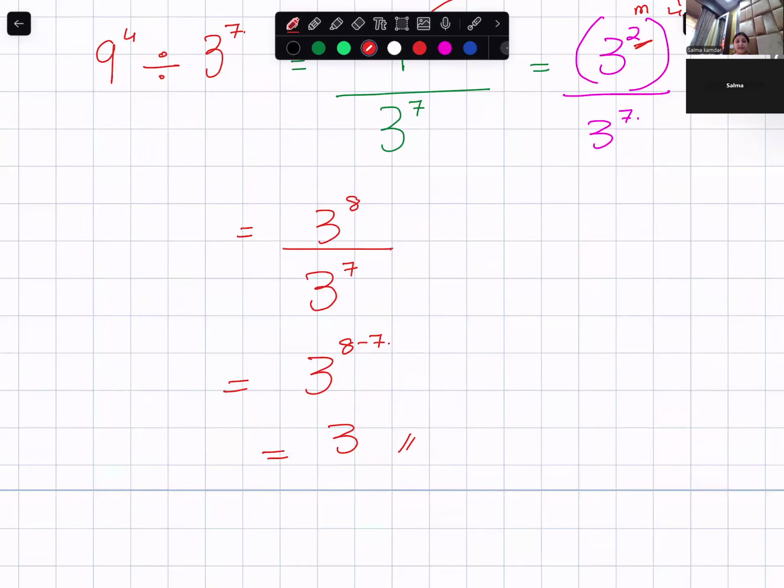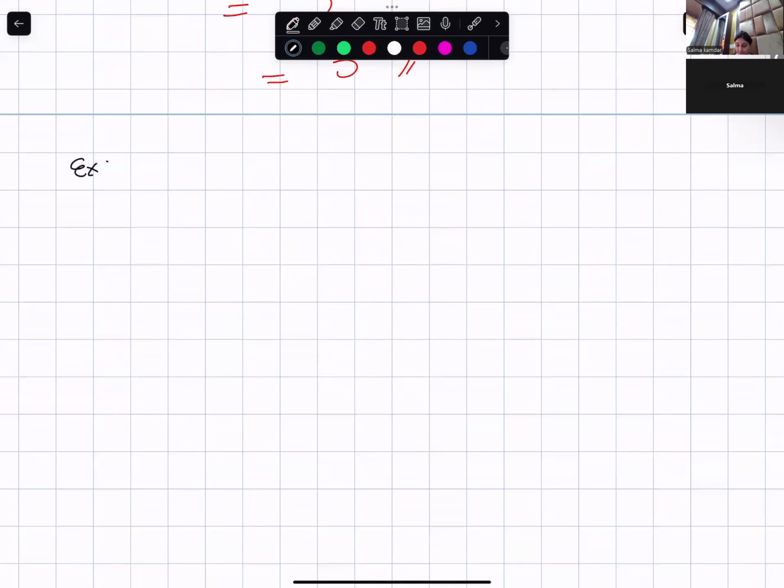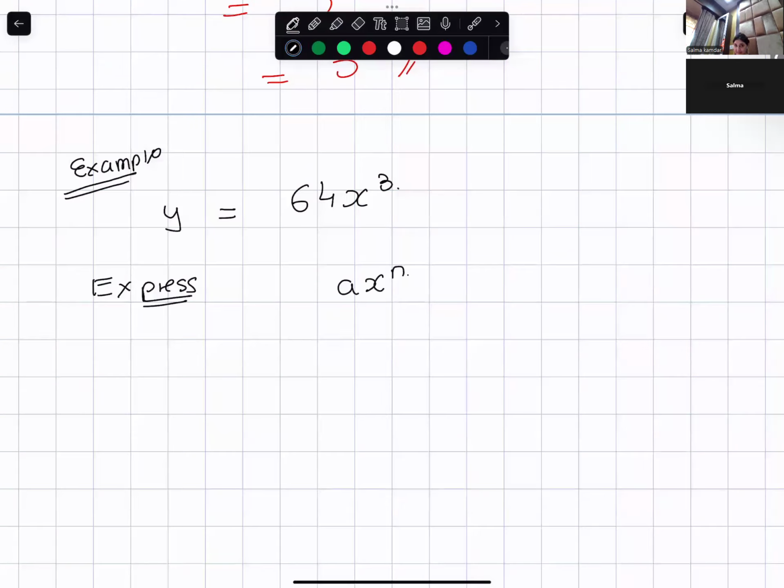Okay. Let's try another sum. I'm giving you another sum. Check out. You are being given that y is equal to 64x cubed, and they want you to express it in the form of ax raised to n, where a and n are integers to be found.